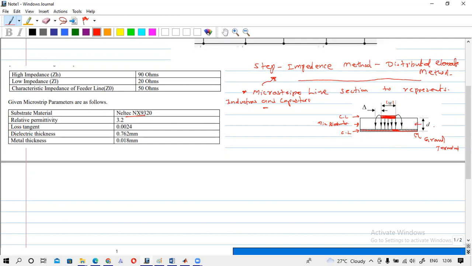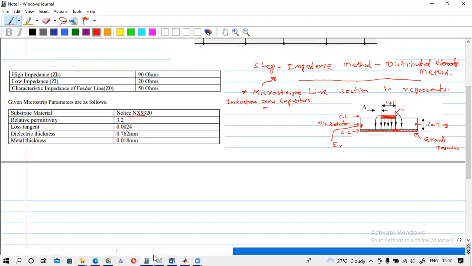This D is the thickness of the dielectric material. It is also vastly affected by the dielectric constant, the relative permittivity of this dielectric material. So these three parameters mainly influence the characteristic impedance of this transmission line.